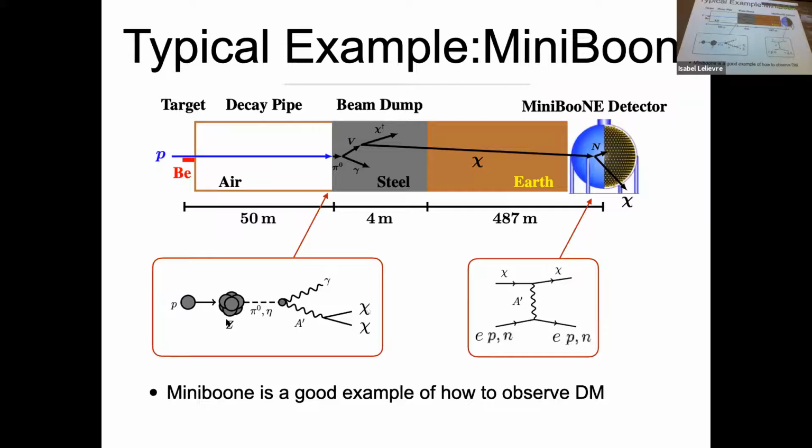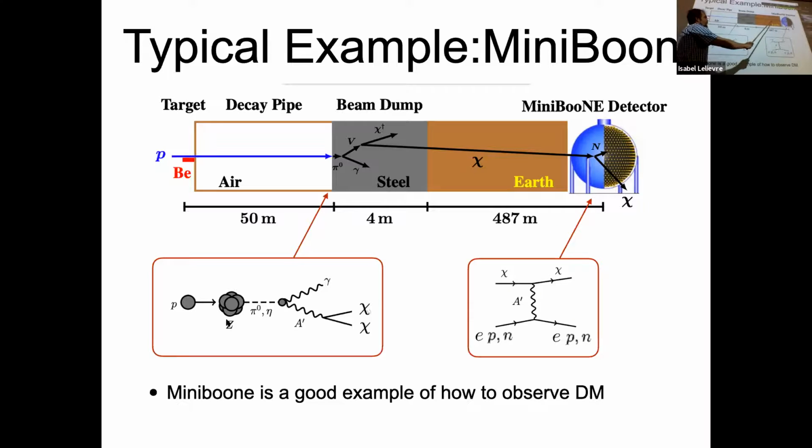So here's the MiniBooNE experiment. MiniBooNE is designed to look for short baseline oscillations of electron neutrinos. The nice thing is that you have a nice big proton beam, and you produce mesons. In this case we can imagine our meson decays to a dark photon that then decays to dark matter.